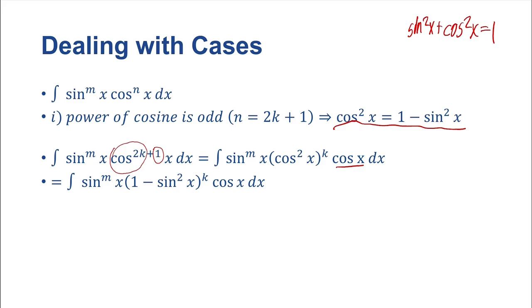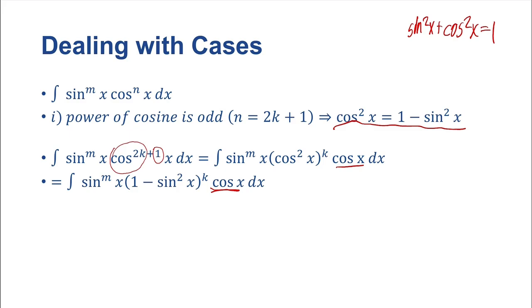As you can see, we are nicely prepared to perform a u substitution, setting u equal to sine of x, because we've got the derivative right here. Then we just have some simple arithmetic and algebra, and we need to deal with some of the u's there.